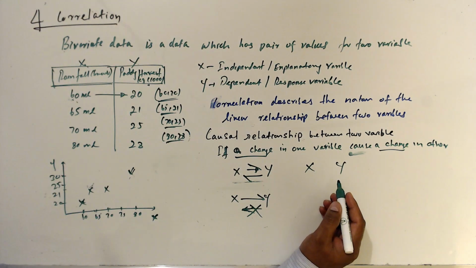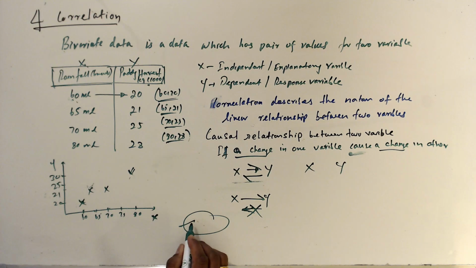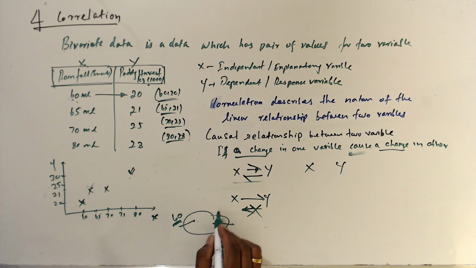For example, assume you take a city, and you measure the rainfall of the city, say 60, and the number of cars, let's say 2000 or 4000.